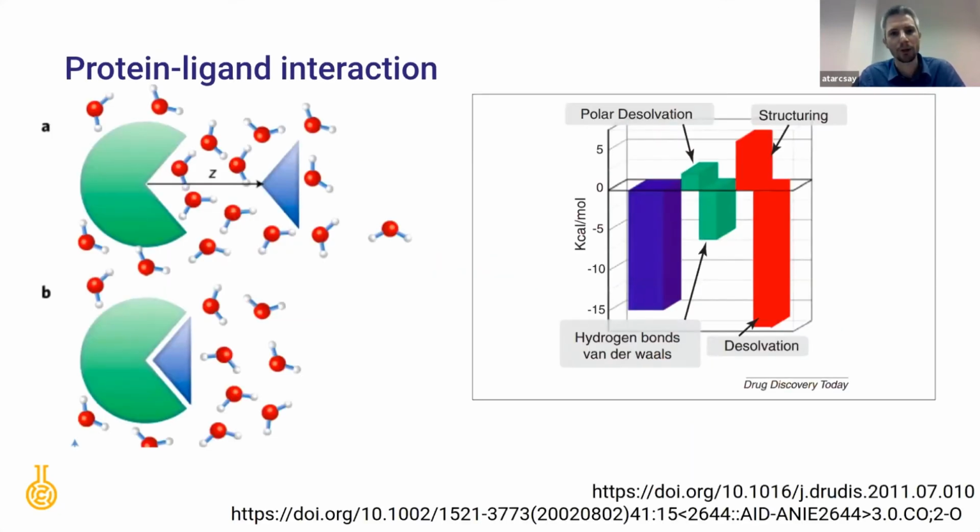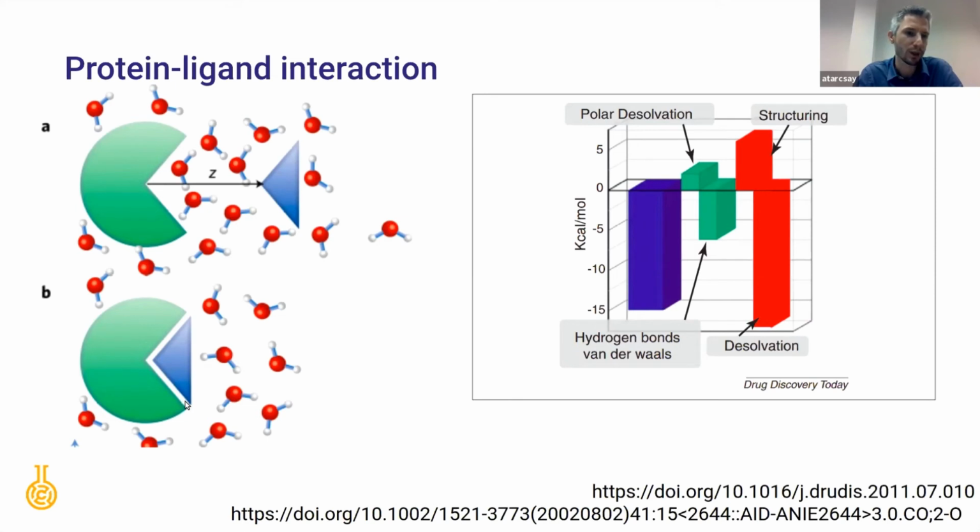But what happens under the hood when protein-ligand interactions are formed? We have a target of interest, simplified with this green field here, which is in solution, so it's fully solvated by water molecules, and also our ligand is solvated with water molecules.